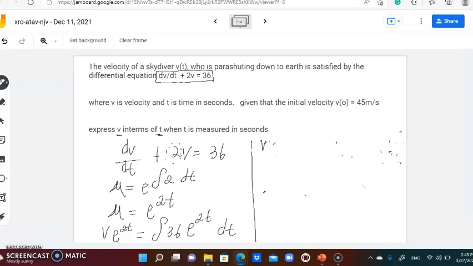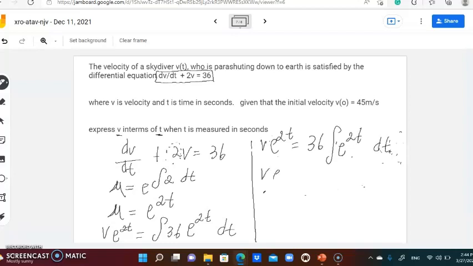So v times e to the 2t, this is a constant, so I can pull it out of my integral sign, 36 times the integral of e to the 2t with respect to t.